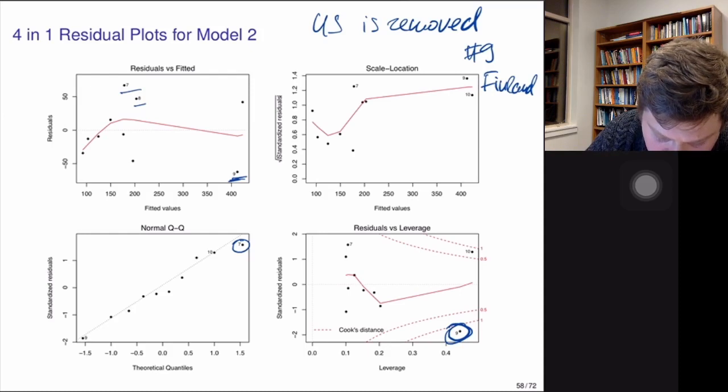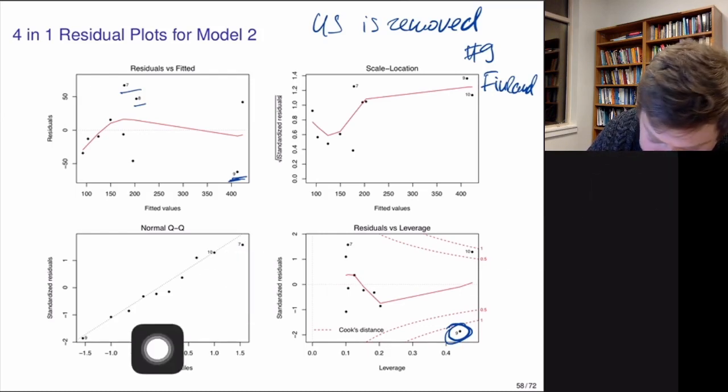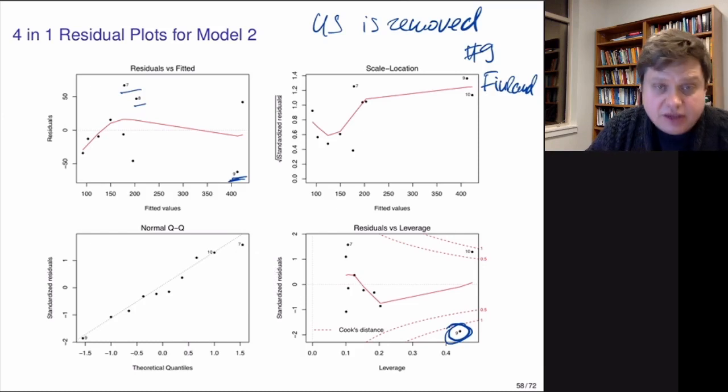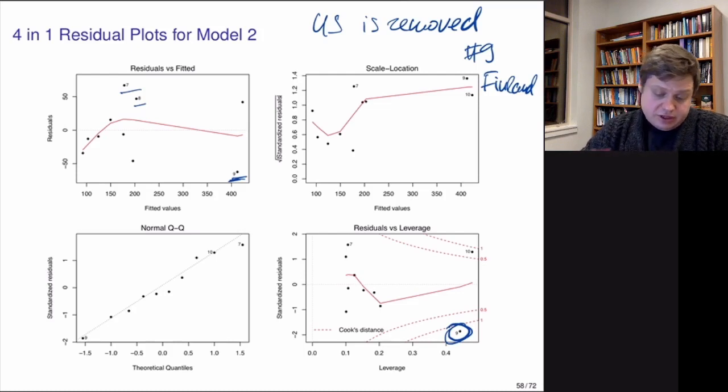And also the normality assumption is violated by observation number 7 here. So this one here. So even if we remove the United States, we still have some of the assumptions of linearity violated. And we still have influential points. Again, an influential point doesn't mean that there is a violation of linearity.